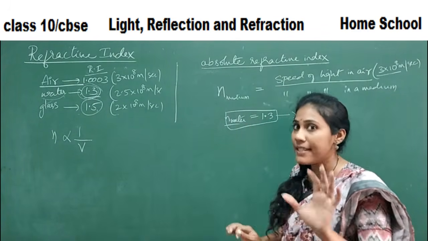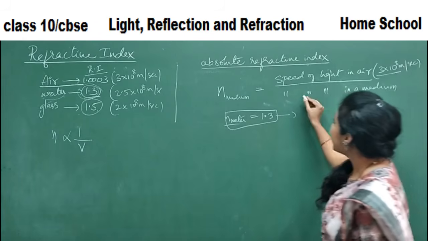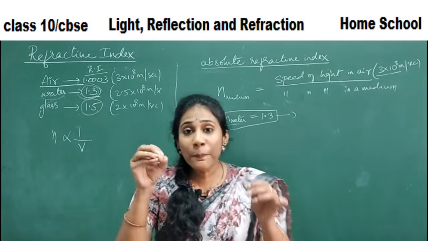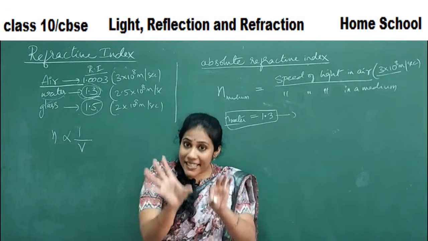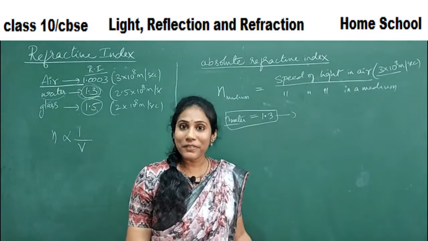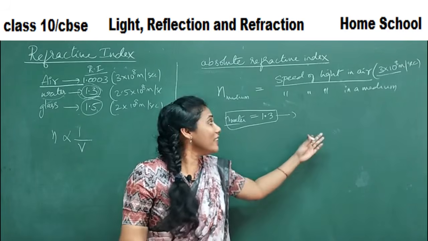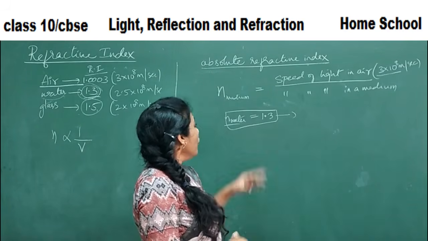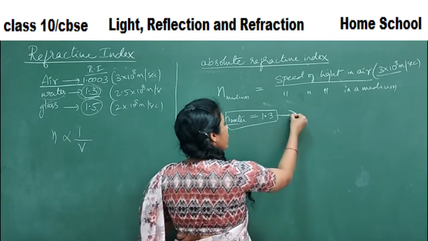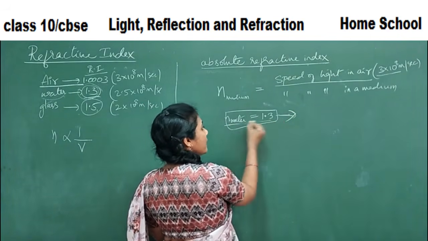This value tells us, the speed of light in water is 1.3 times lesser than the speed of light in air. This is the real meaning. So this meaning is very, very important to understand, guys.